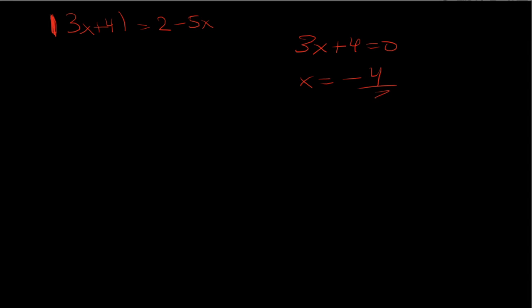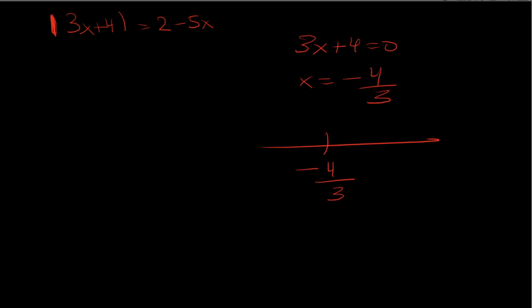This one will involve one absolute value. We have the absolute value of 3x plus 4 equals 2 minus 5x. So again, here we have to look at the two cases. You always want to set the inside equal to 0, so you get x equals negative 4/3.